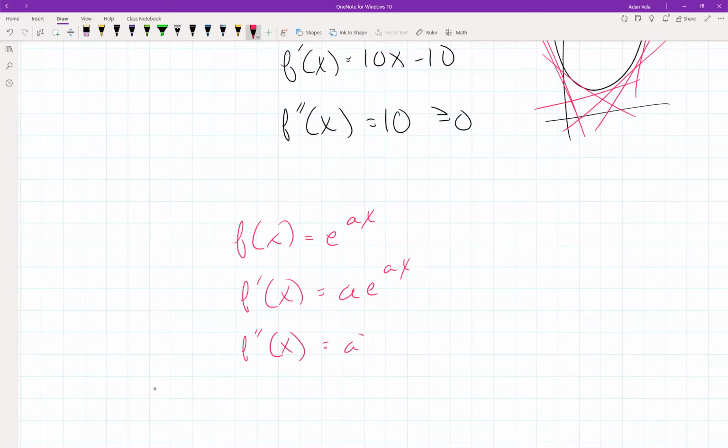All right, these exponentials are always greater than 0. And that a squared is always greater than 0. So that implies that the second derivative is always greater than 0.